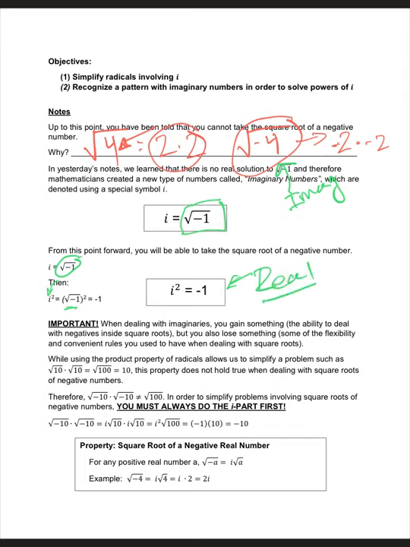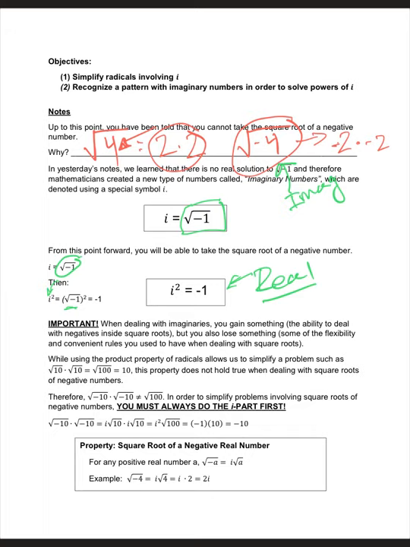So when dealing with imaginaries, you gain something, the ability to deal with negatives inside of square roots now, right? In previous classes, you weren't allowed to simplify something that was negative underneath the radical, you would just say that it was a no solution. Now that is not the case. But we also lose some of the flexibility and convenient rules used when we were dealing with square roots.